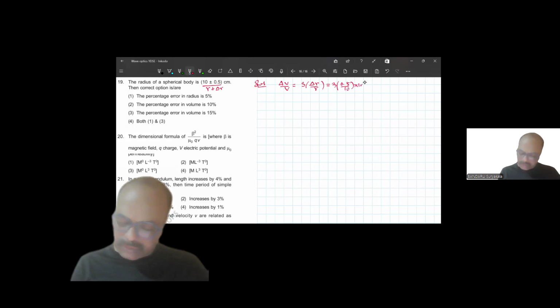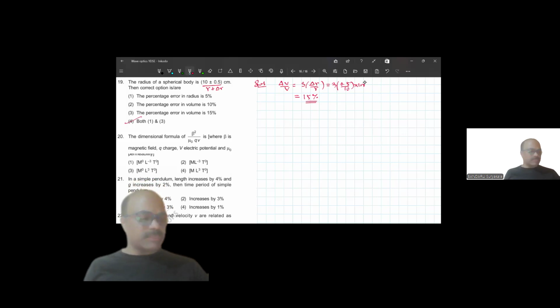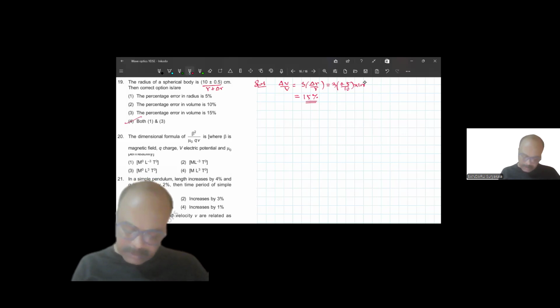So this becomes 15%. This is the volume value. Now they ask the percentage error in the radius. Okay. So option 1 and 3 are the correct answer. Okay. Next, see.